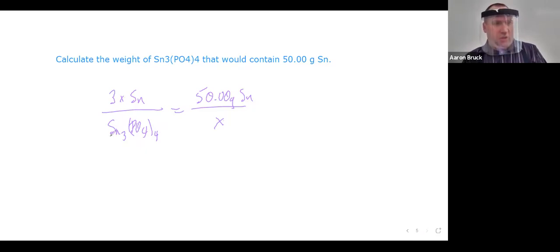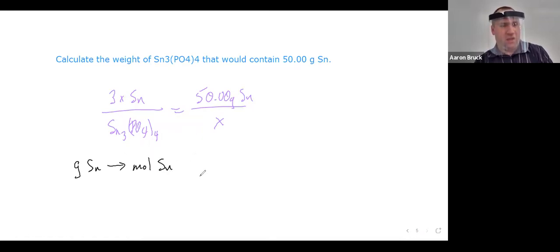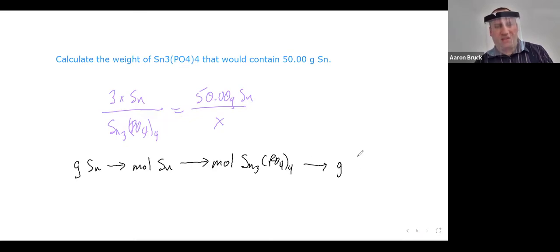The other way to do it would be to take it from a more stoichiometric approach and recognize that you can go from grams of tin to moles of tin, and using the chemical formula, go from moles of tin to moles of the product, and then use the molar mass to take it to grams.